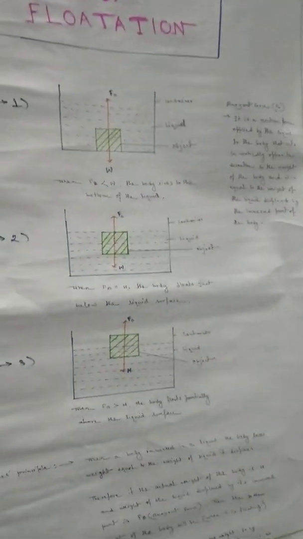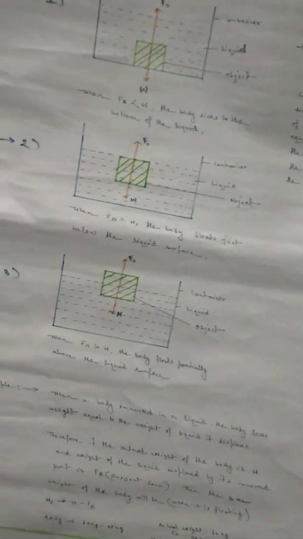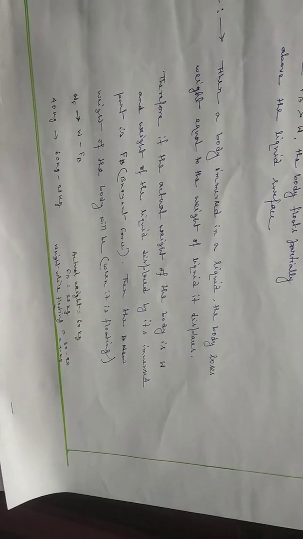Now see, here is a law, that is Archimedes' principle. It says what I just said: when a body is immersed in a liquid, the body loses weight equal to the weight of the liquid it displaces.